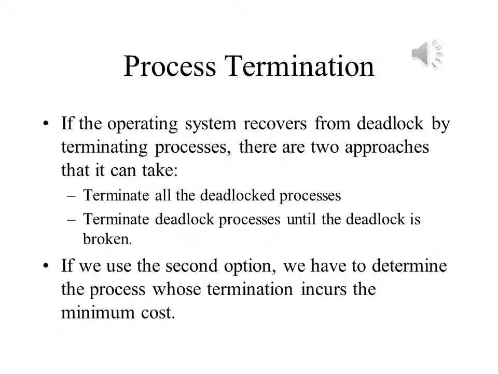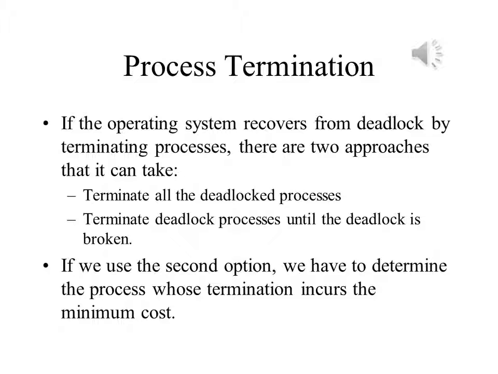Here, too, we have some alternatives. We can terminate all the processes in the deadlock, or just enough to break the deadlock. Obviously, terminating them all seems fair on one level, but at the same time, it seems like overkill. We would prefer to kill only a few.